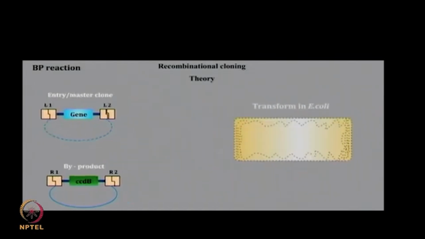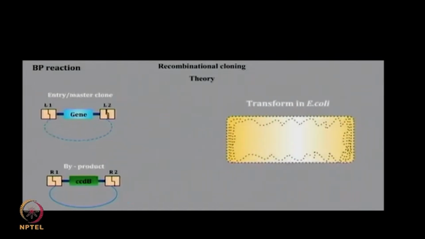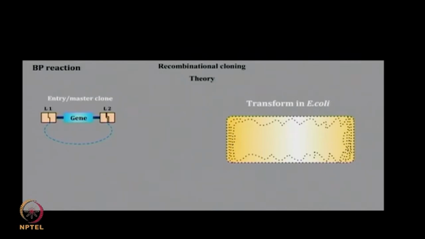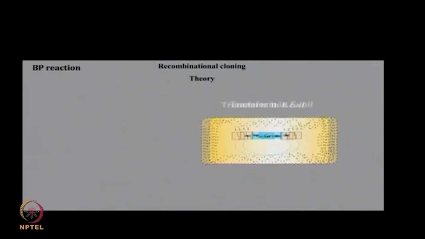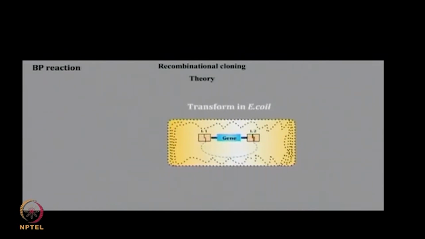Once this master clone flanked by the attL site is produced, it can then be transferred into any destination vector to produce an expression clone for a specific desired application.